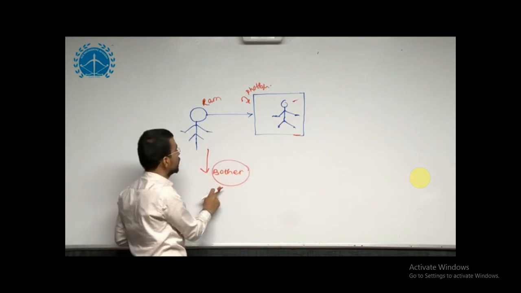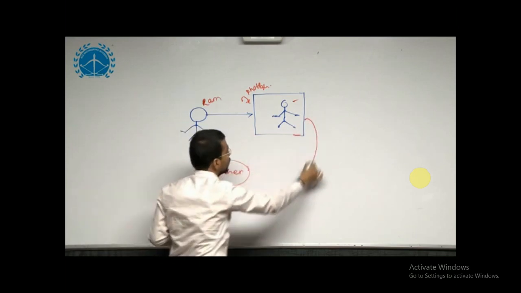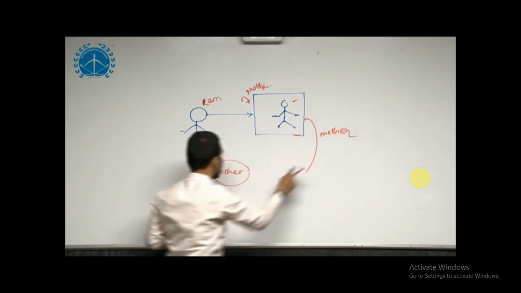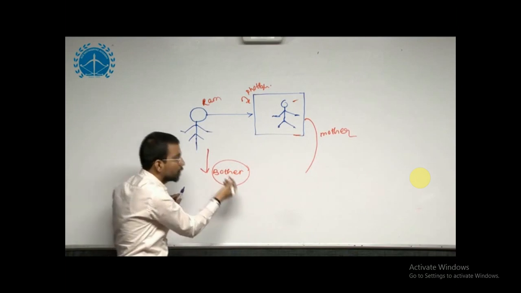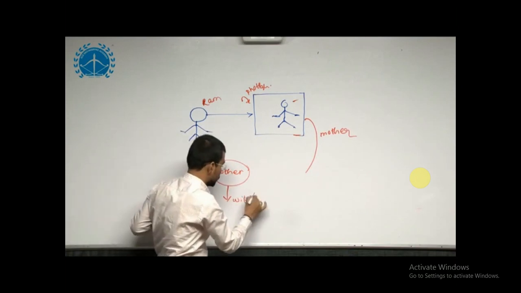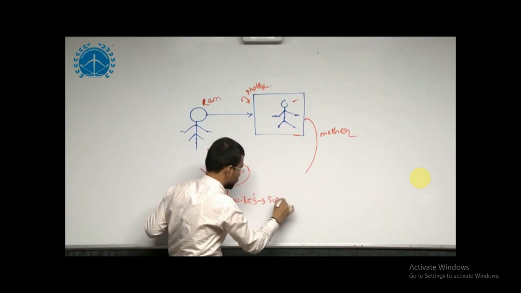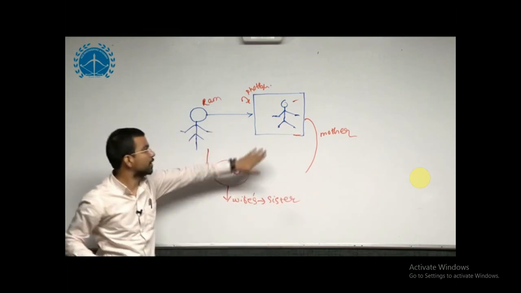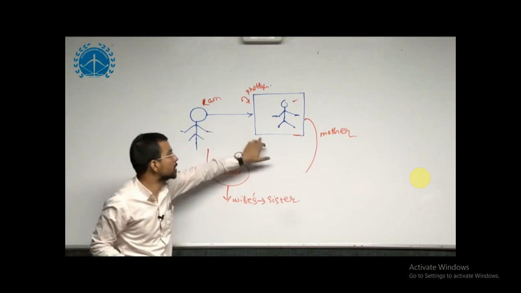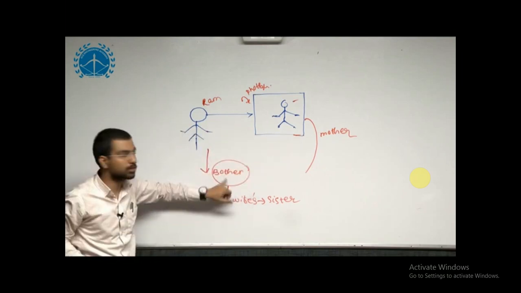So he is telling that she is the mother. I can write here mother. Okay. She is the mother of my brother's wife's sister. So by pointing towards that photograph, Ram is saying that she is the mother of my brother's wife's sister.